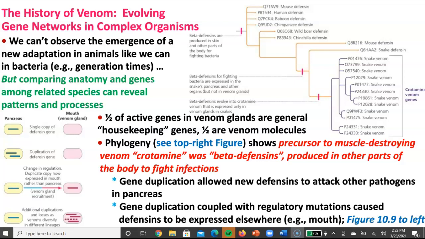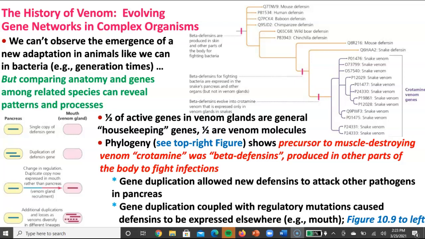But then there's a change in gene regulation. There's a mutation affecting gene regulation. And that duplicated copy that snakes have is now being expressed in the mouth rather than in the pancreas. And as this defensin protein is now being expressed in the mouth, it is now beginning to act as a venom to capture prey.